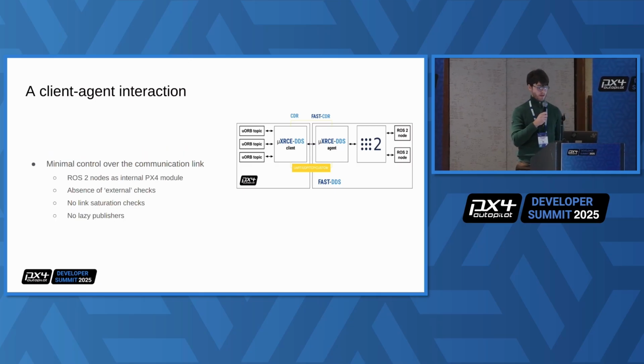As I said before, there is minimal control over the communication link. The first consequence of this is that ROS2 nodes that you register and that start interacting with PX4 are publishing at the end of the pipeline your topic directly inside PX4, so they have the same capabilities as actual internal PX4 modules.